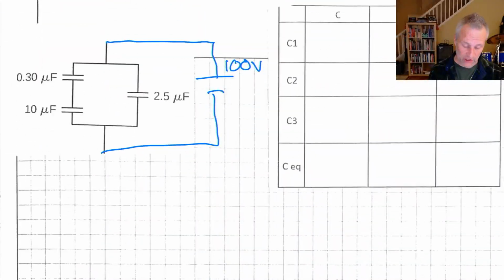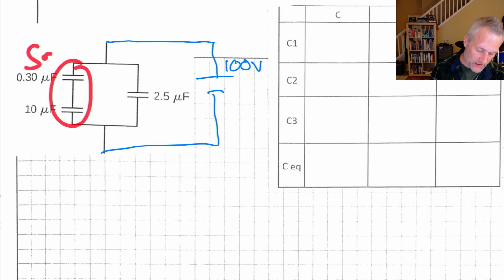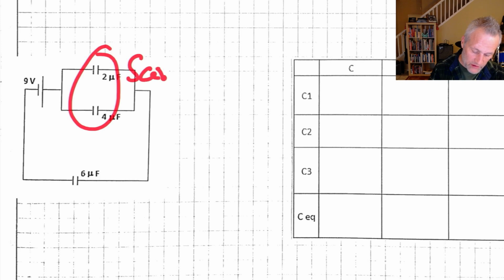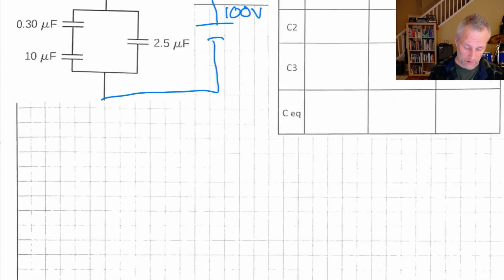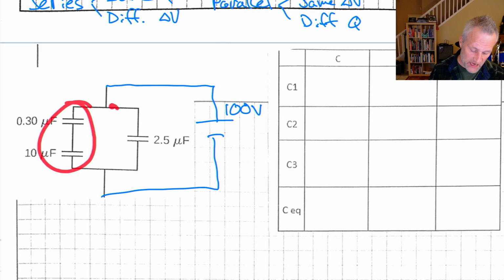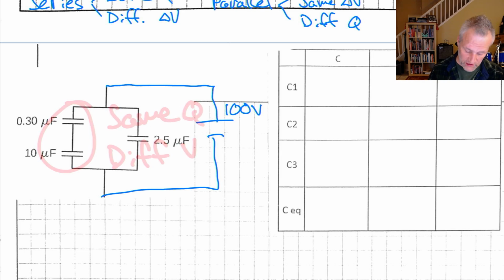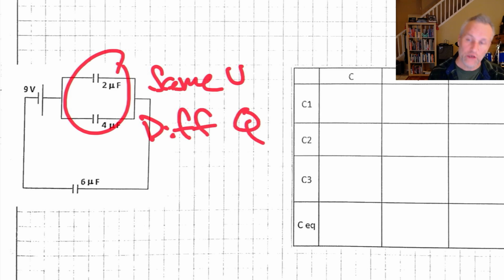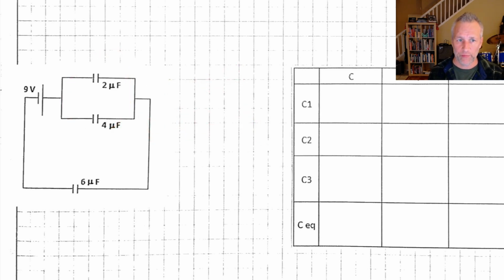So on the next page, these two are in series, and if they're in series, they're going to have the same Q. If we have two of them that are in parallel, these ones will have the same delta V, but different Q. These ones here have the same Q and different voltages. These two here are going to have the same V, but they'll have different Qs. Okay, keep that in mind. Very important patterns to remember.